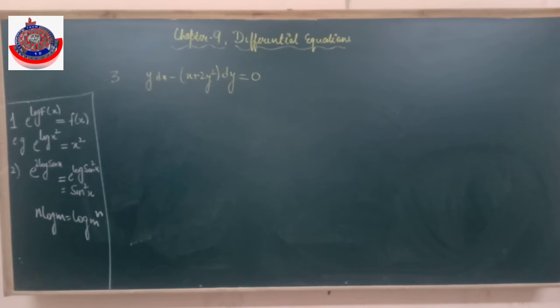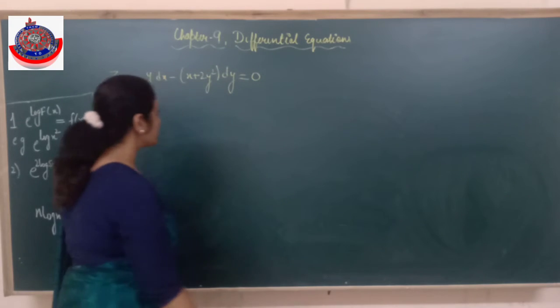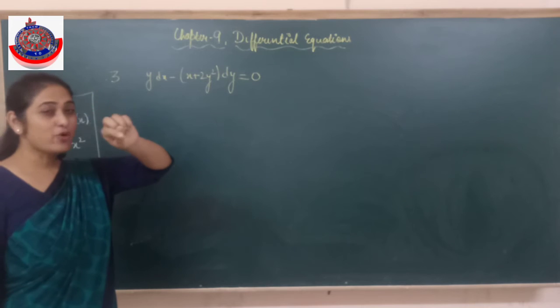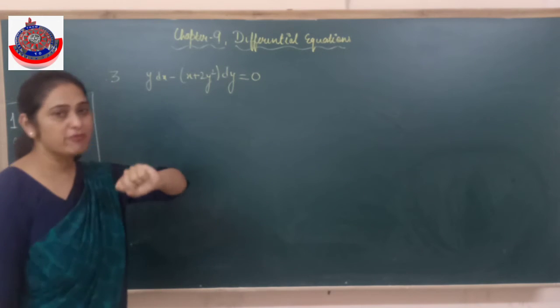Alright, y dx minus (x plus 2y squared) dy is equal to 0. See, I told you in the last example, one y and many x's falls in the form dy upon dx plus py is equal to q.